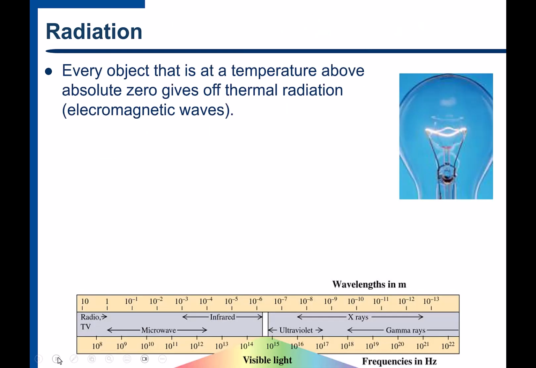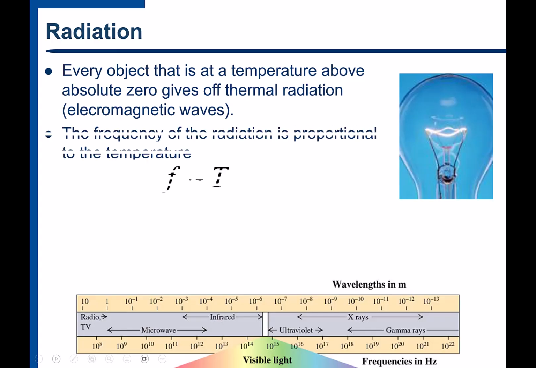So it turns out that every object that's at a temperature above absolute zero, which basically is every object, emits thermal radiation. And that's why I say that not only does a light bulb emit thermal radiation, but so do you and so do I. And the key thing about the radiation that's emitted is the frequency of the radiation is proportional to the temperature.